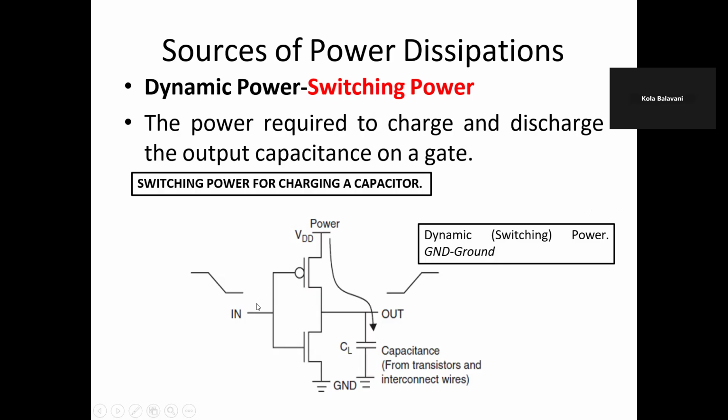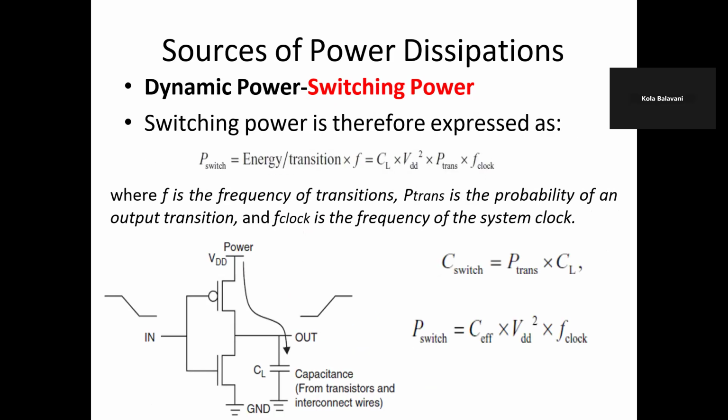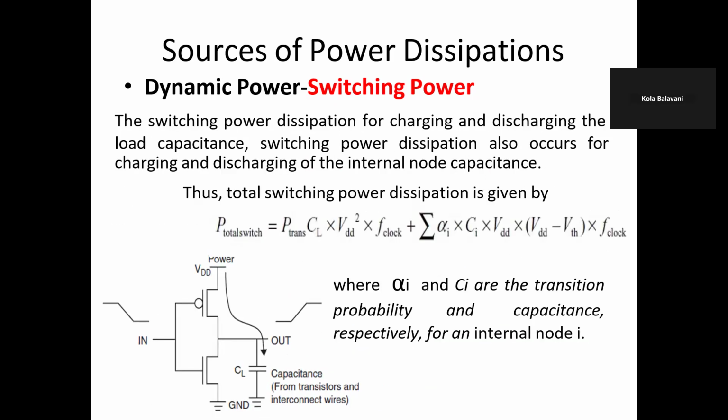Whenever you apply logic 0 to this inverter, the capacitor connected at the load side goes to the charging state. Whenever you apply the input at logic 1, the capacitor moves to the discharging state. So the capacitor is switching from charging to discharging and discharging to charging. In that situation, the power is dissipated, and that is calculated using the power formula. This is the total power formula, including internal nodes also.